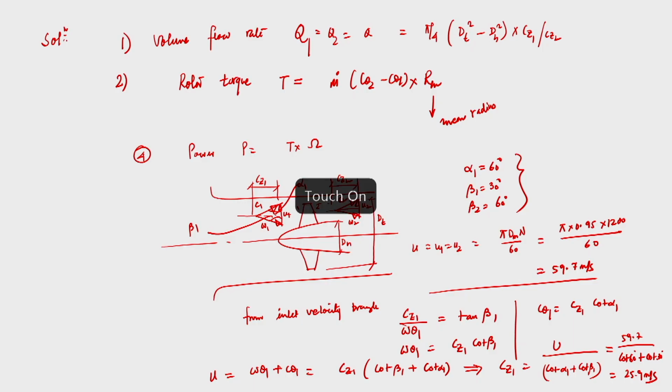Knowing the value of this quantity, we can go on to calculate Q1. The flow rate Q will be equal to pi by 4 into D tip squared minus D hub squared into Cz1.